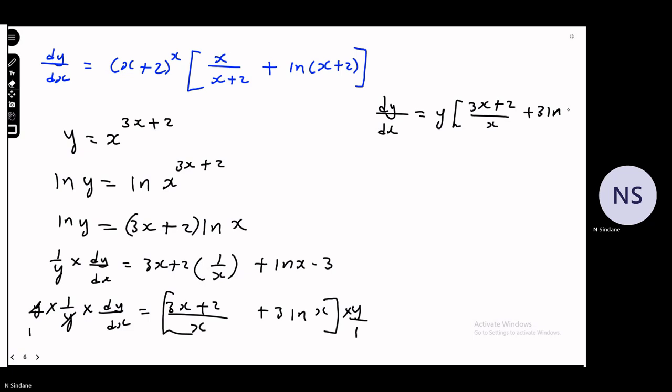Then from there, this will mean x to the power 3x plus 2 into 3x plus 2 divided by x plus 3 ln of x is my solution when I differentiate y is equals to x to the power 3x plus 2.